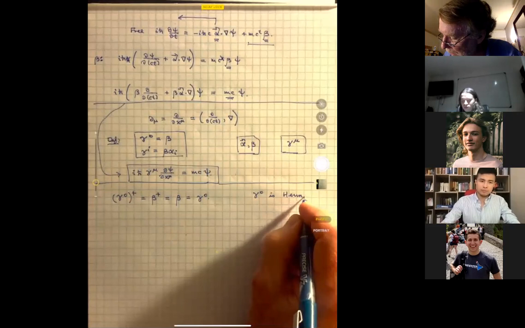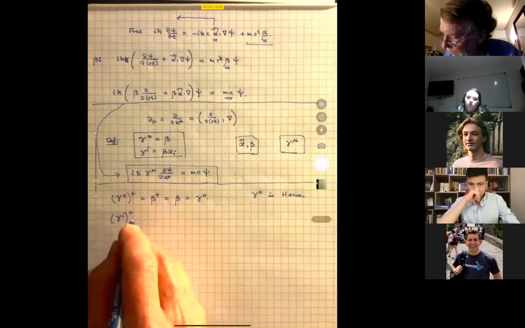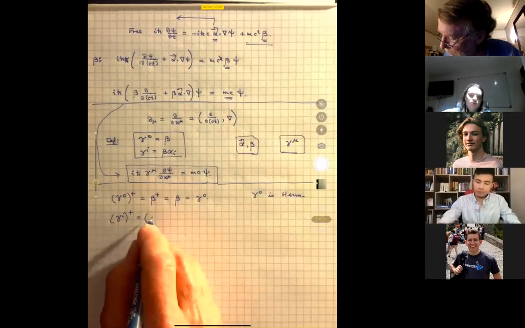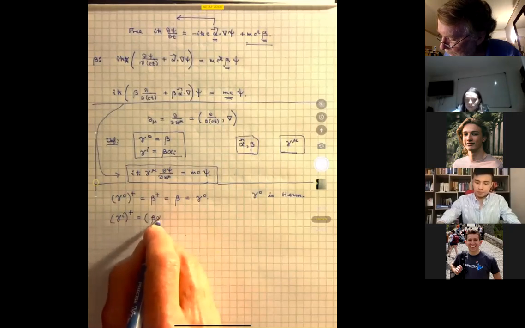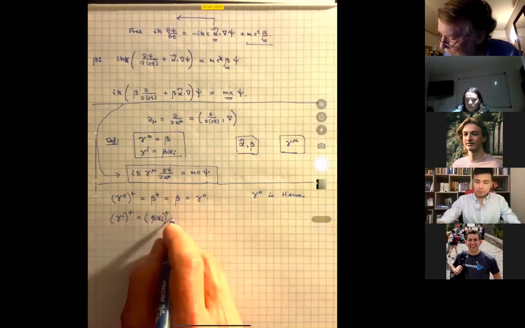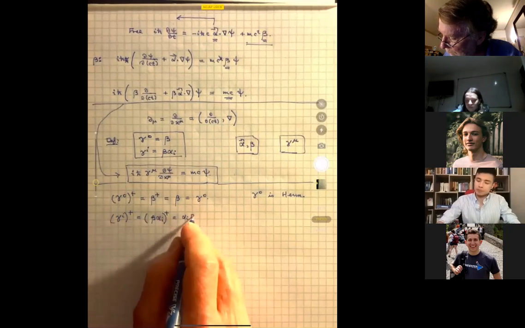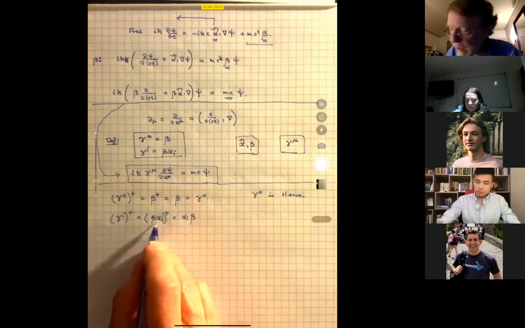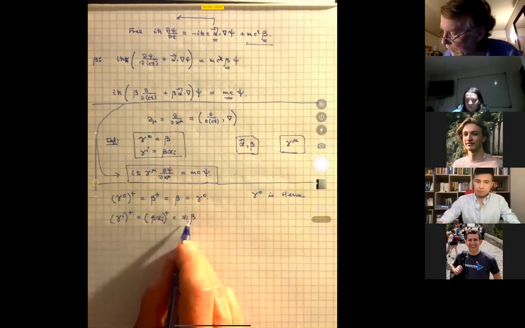Now let's look at gamma I. Gamma I dagger is equal to beta times alpha I dagger, which is equal to alpha I times beta. I reverse the order and I don't dagger the alpha and beta because they're Hermitian.